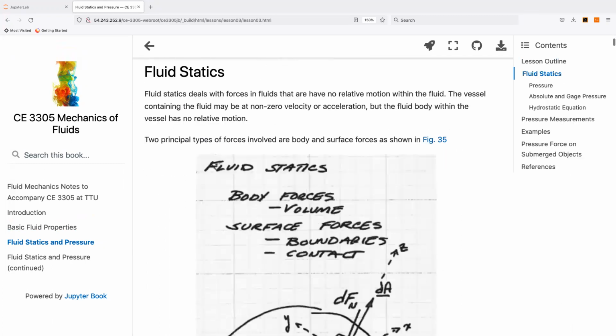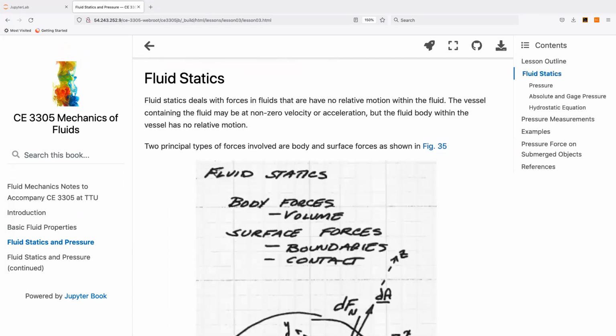So what is fluid statics? That's CE-3301 all over again, except with fluids instead of rigid materials. It deals with forces in fluids that have no relative motion within the fluid. So an example would be a very well balanced coffee cup if you're not shaking around.